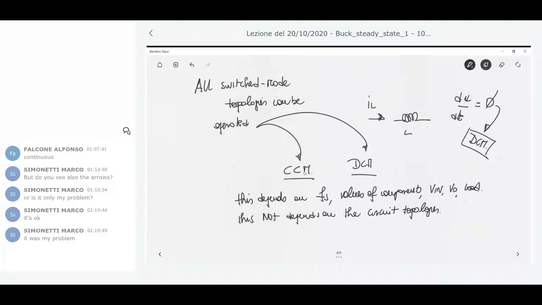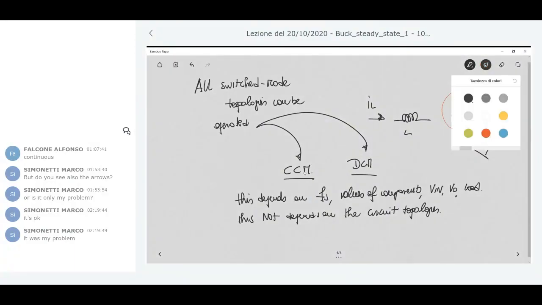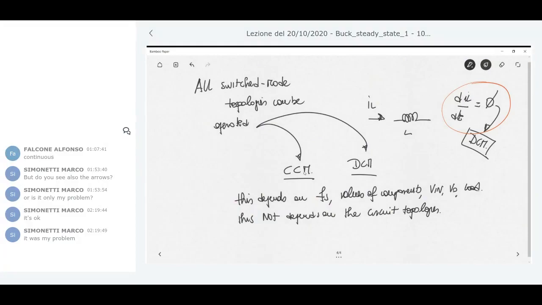So the operation is discontinuous if there is a certain time interval in which the inductor current is 0. Okay? By the way, the correct formulation is made by looking at the derivative of the current. There is a difference in the two formulations. Typically, you can look at the current and see if the current is 0 or not during the period, and then you can say with certainty this is CCM or DCM.